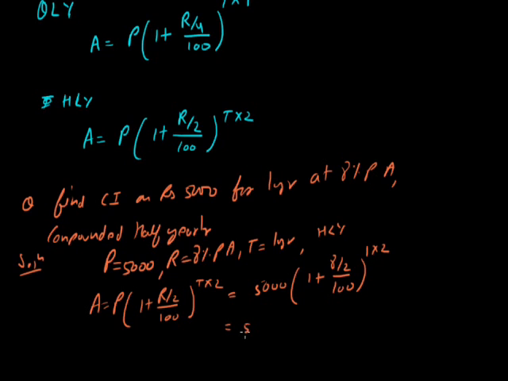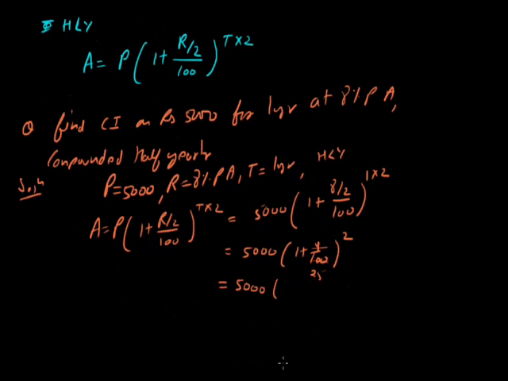So 5,000, 8 by 2 is 4, we get 1 plus 4 by 100 raised to the power 2. So 4 and 100 get cancelled, that is 25. So 5,000, 1 plus 1 by 25 we get (26 by 25) square.